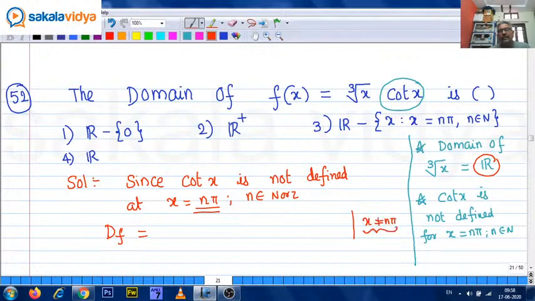So we need to delete n pi from the real number system. That means R minus the set of x such that x equals n pi, n belongs to Z. So the third option is the right option.